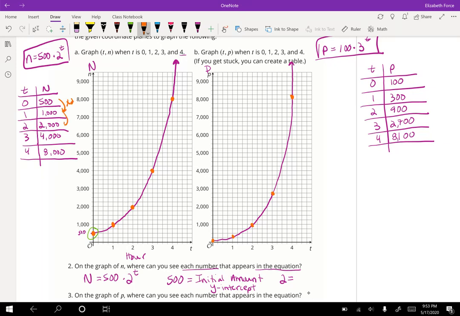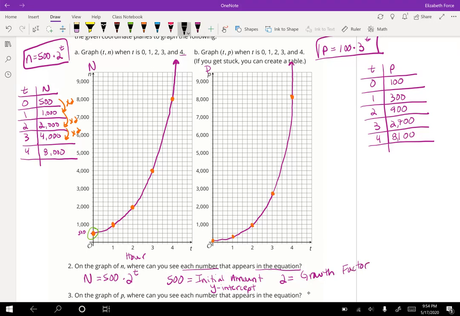From 1,000 to 2,000, we times it by 2. You know what I mean? So the 2 is not necessarily visible in the graph, but it's clearly visible in the table, and it's used to find the output values. So it's how our graph is growing. And we're not adding, we're multiplying. So we call the 2 the growth factor.